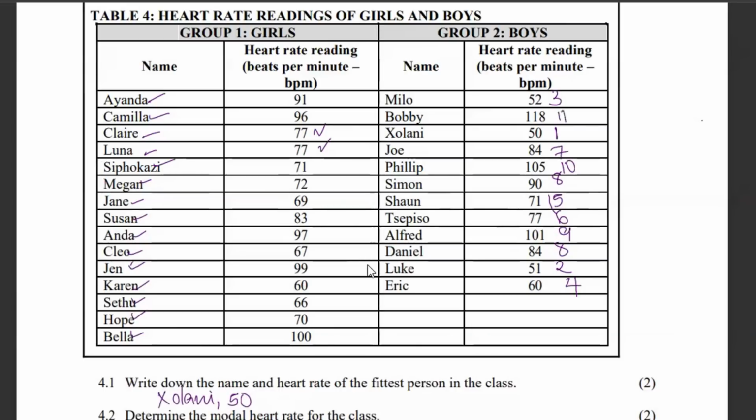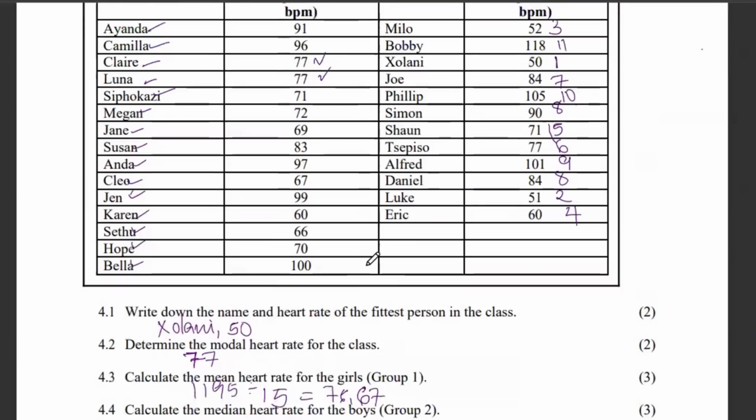If there are 11 numbers, you divide by 2, and the number will lie on the sixth number. The sixth number is going to be the median.